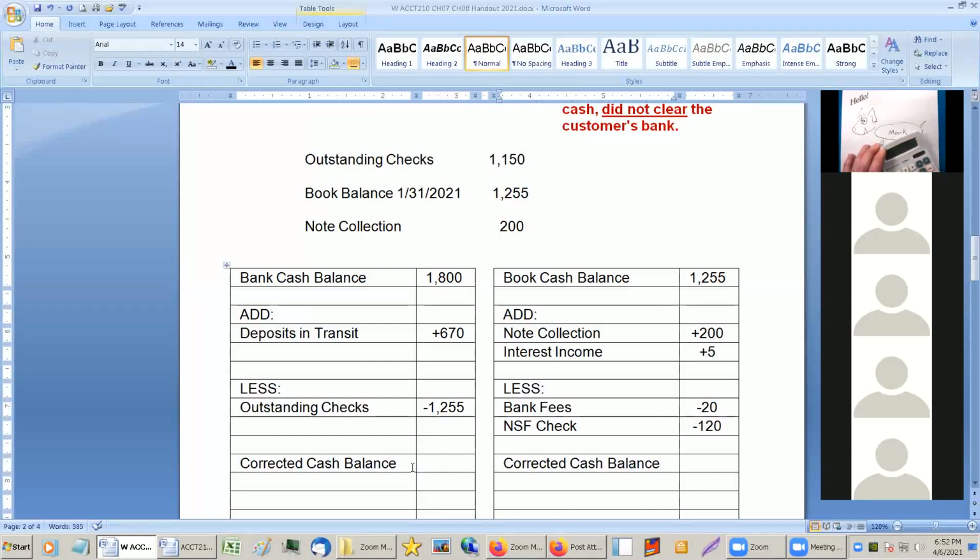Professor, isn't outstanding check supposed to be the negative 1,150? Yes, it is. Thank you. No problem.